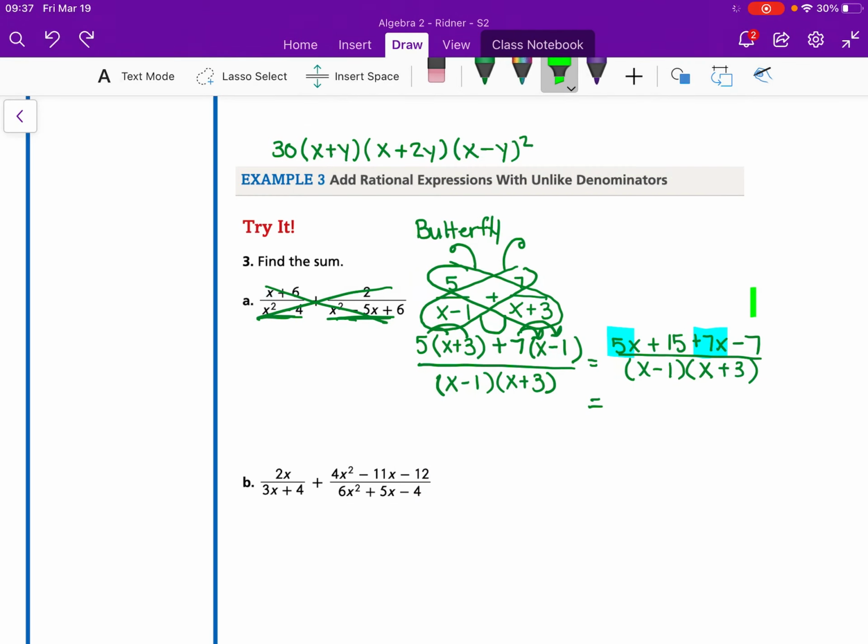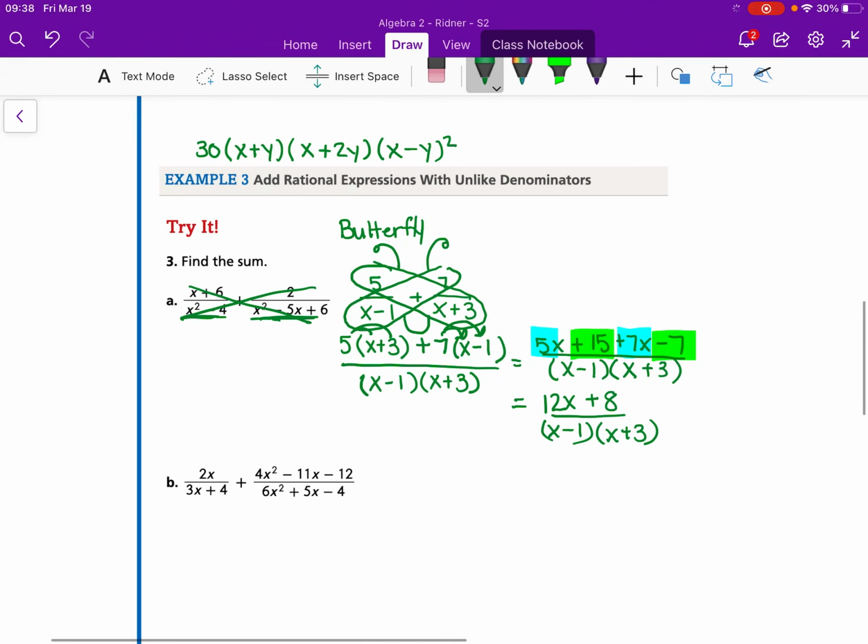Then I am going to add the like terms. So 5x plus 7x is 12x, and 15 minus 7 is positive 8. Now, something I could do, if you see that 12 and 8 are both divisible by 4, is factor out a 4.